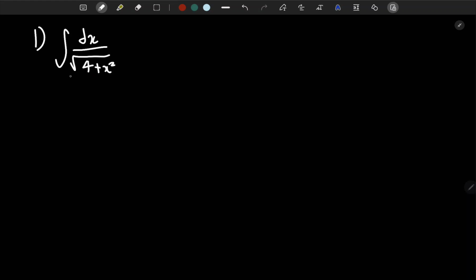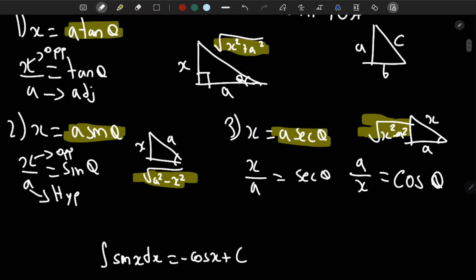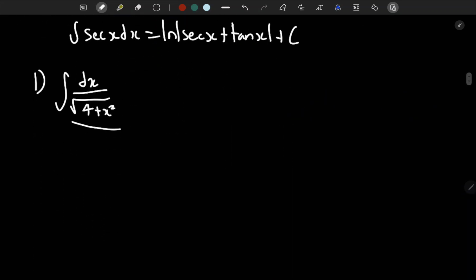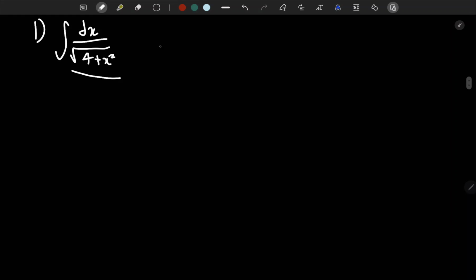So what do you think this radical is in the form of if we go back up? This radical is in the form of x squared plus a squared, right? So we know that we need to use the first case here. So here a is going to be 2, since 2 squared is 4, and x here is going to be a tan delta, and a we know is 2, so 2 tan delta.